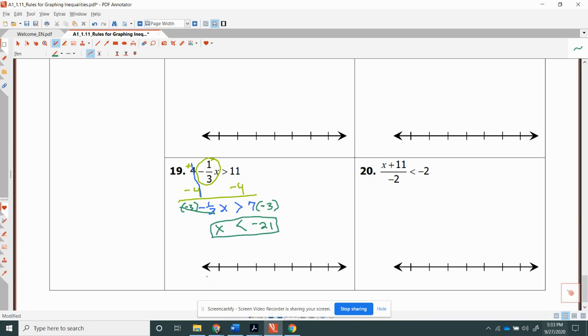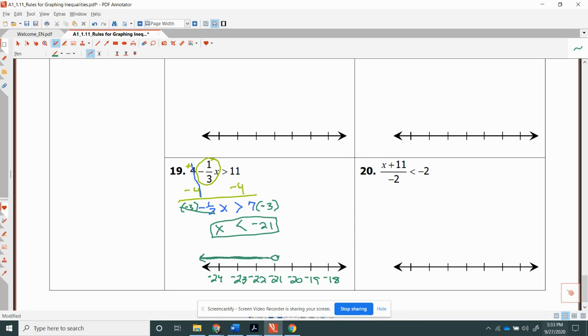And I'll start with -24, -23, -22, -21, -20, -19, -18. I will put an open circle on -21 and I will graph toward the left.